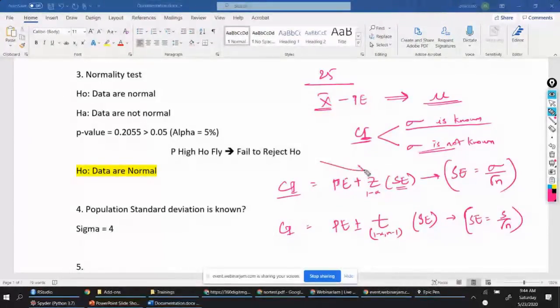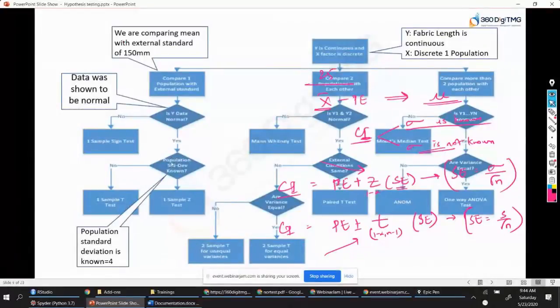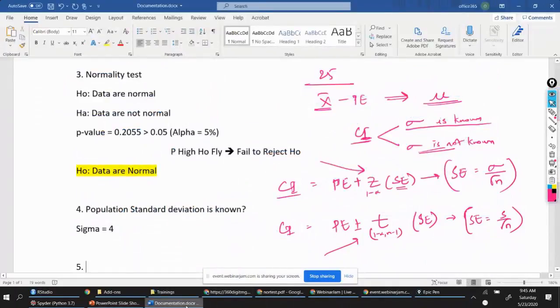Hence we call it z-test, we call it t-test. So if population standard deviation sigma is known, we go with z-test. If it is not known, then we go with the t-test. Right? And the rest of the calculations follow the same sequence.